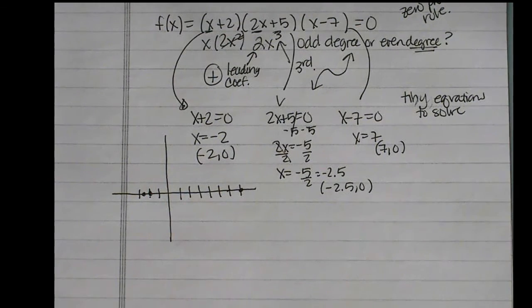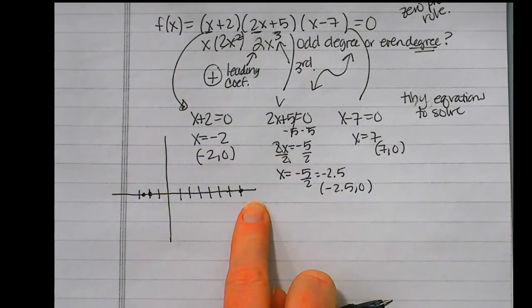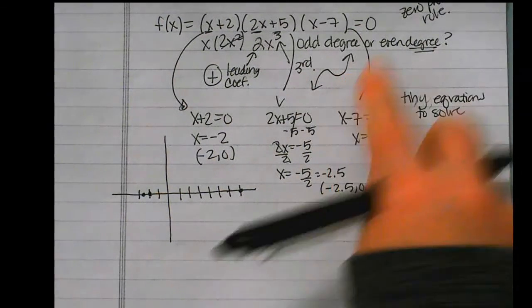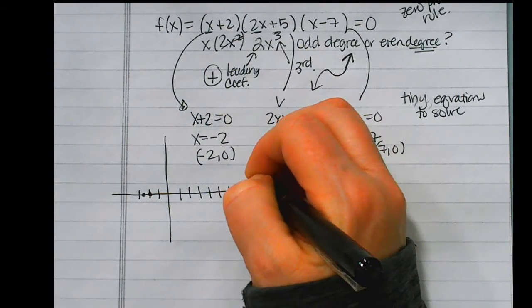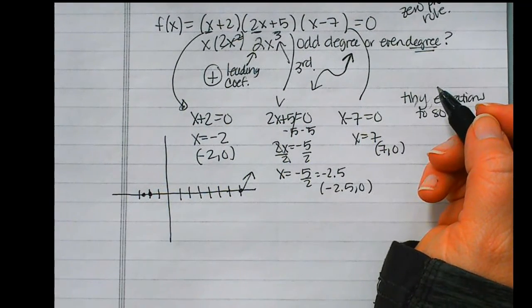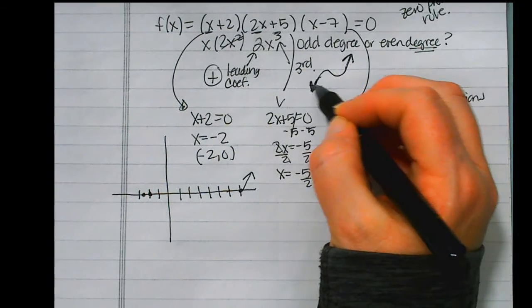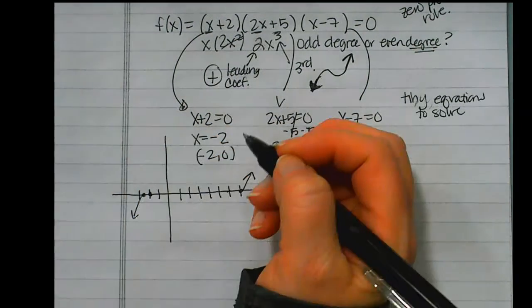Because this was a third degree, I have 3 zeros usually. And I have this end behavior, which says that on the right, it goes up. So on the right point, I go up. What happens at the left point? Goes down. So I go to the left point and it goes down.